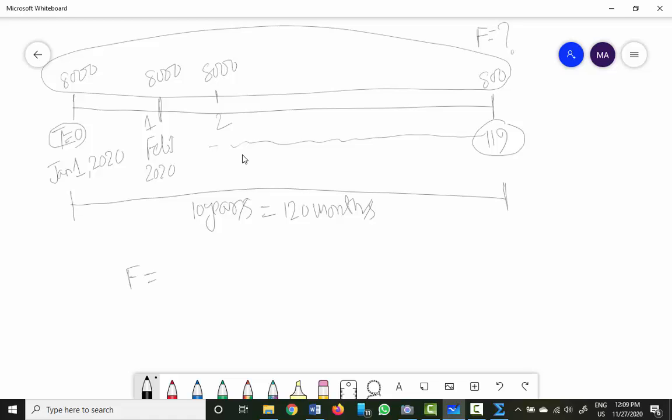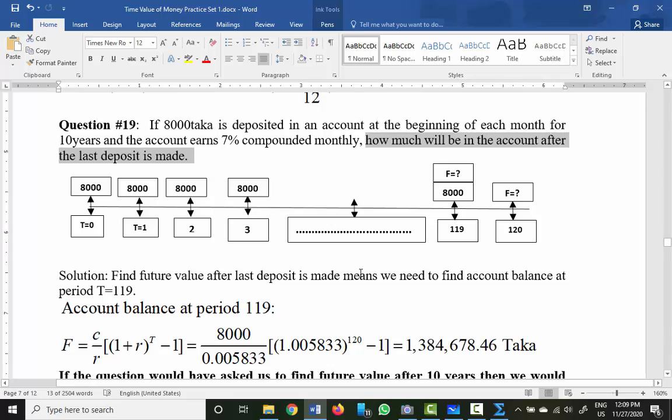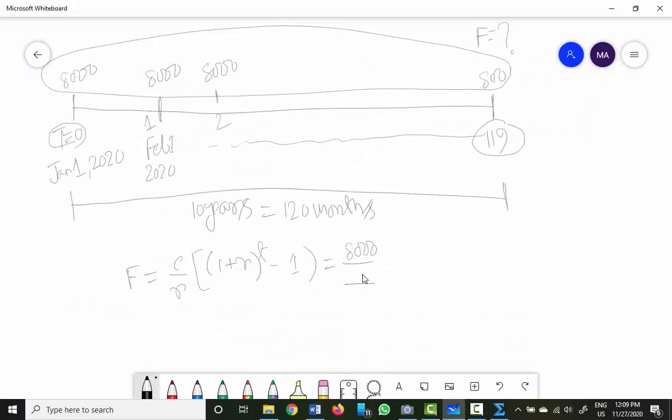So the future value of this annuity, similarly like before, the formula is (1 plus r) power t minus 1, with C equal to 8,000 taka divided by r. Interest rate is 7% compounded monthly. So 7% is the annual rate, 0.07. Compounded monthly means we need to divide it by 12, right?